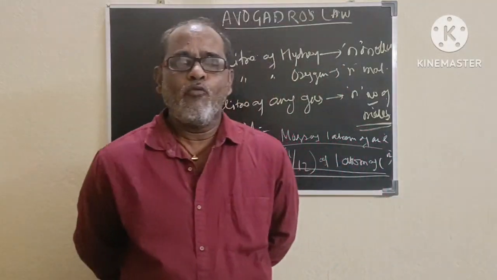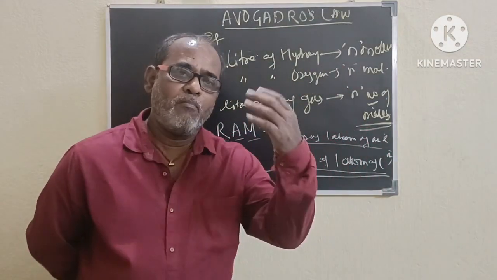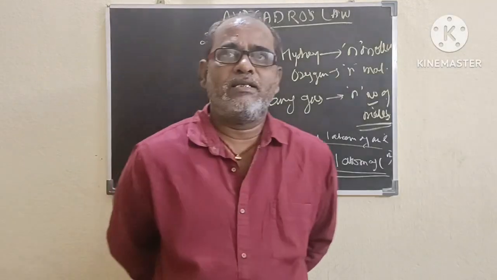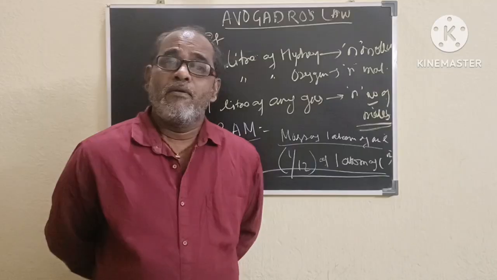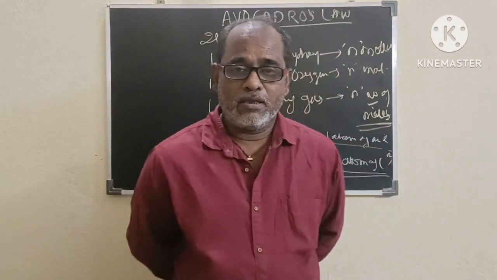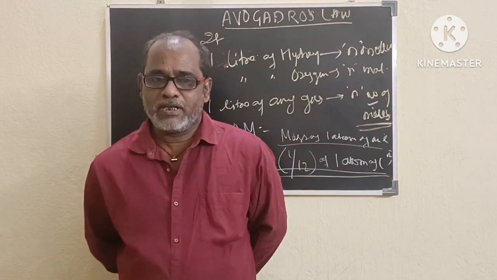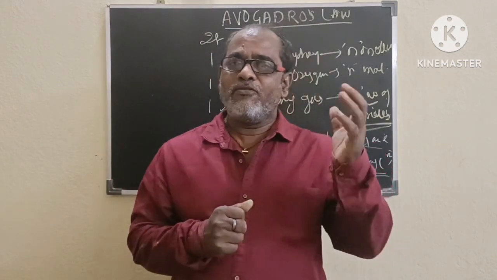If they ask you 1 mole of a molecule, that means it contains 6.023 into 10 to the power of 23 molecules of that substance.